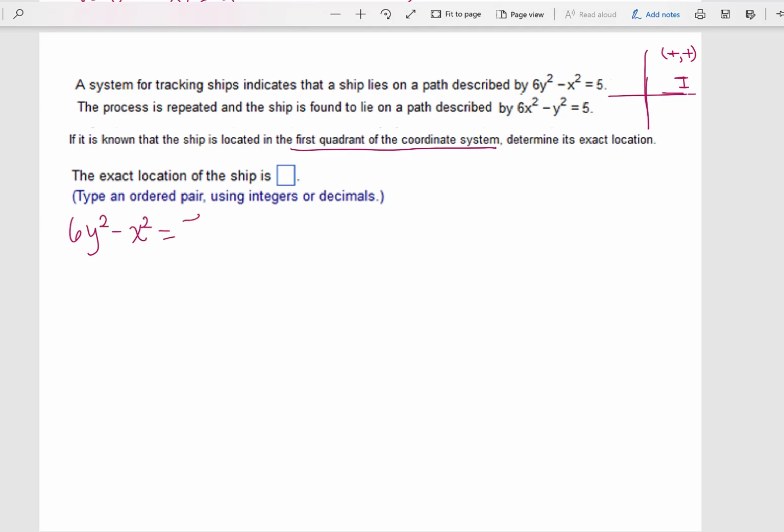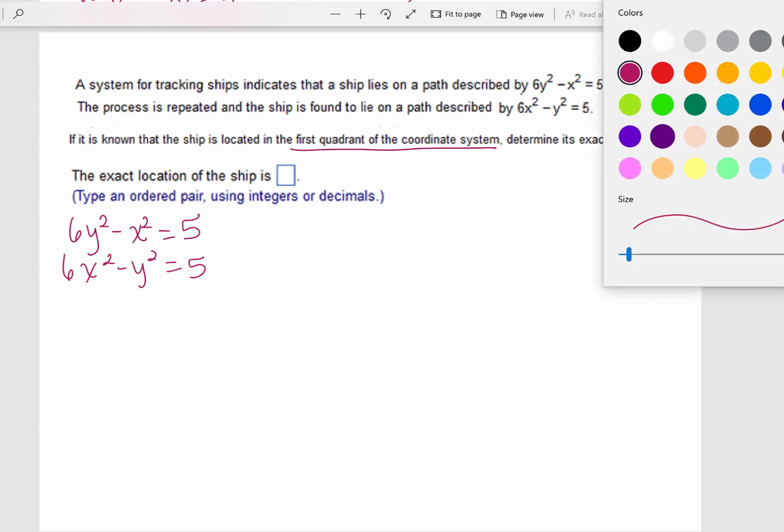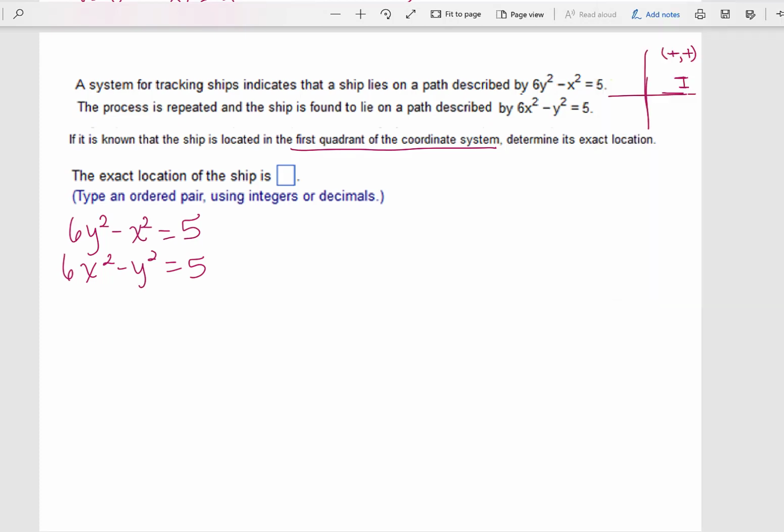So let's bring our equations down here. Now remember, I'm trying to either eliminate my x variables or all my y variables, right? This one's a little bit tricky because it's 6y squared, right? And then at the bottom it's 6x squared. So I can go ahead and multiply either of them by 6 and it'll eliminate the other one.